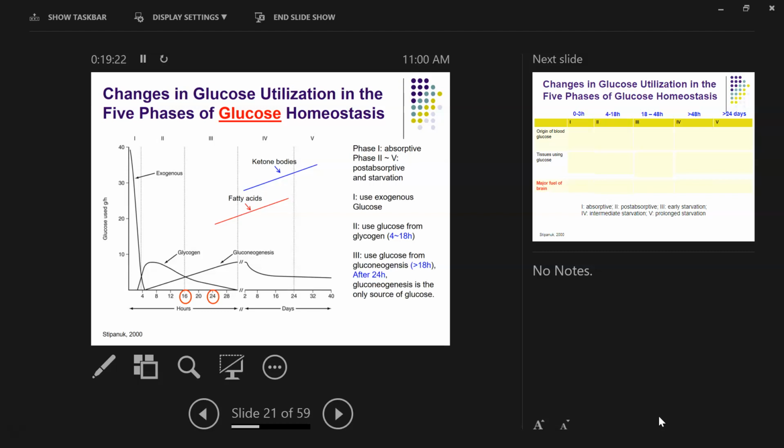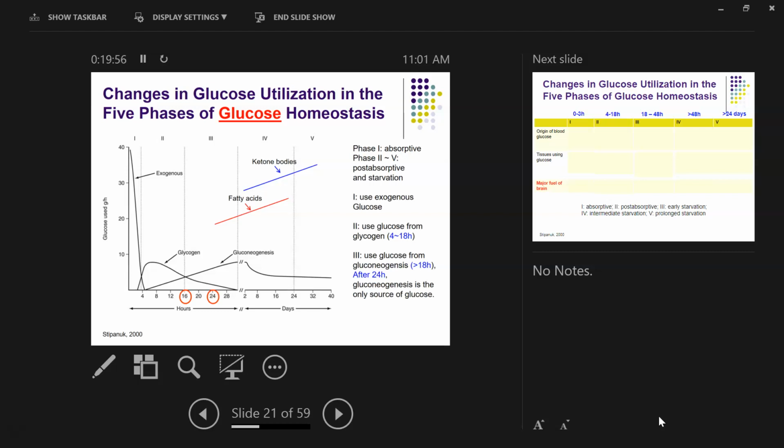So exogenous glucose is the main source of energy for our body in phase 1, or the absorptive phase. And phase 2 starts from 4 hours after a meal to 6 hours of starvation. So phase 2, or state 2, basically utilizes glucose from glycogen.